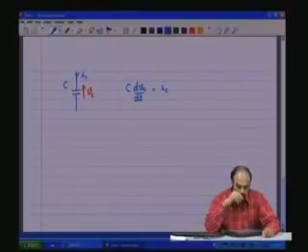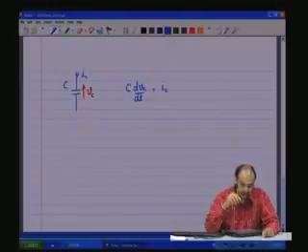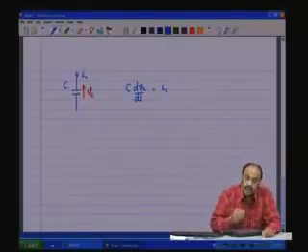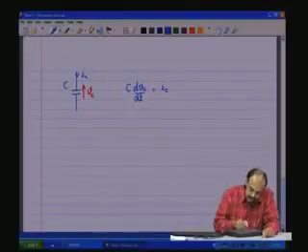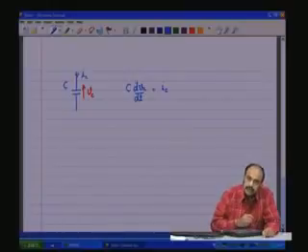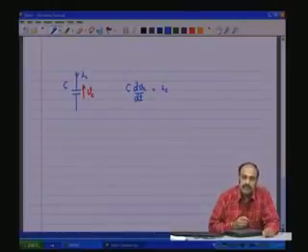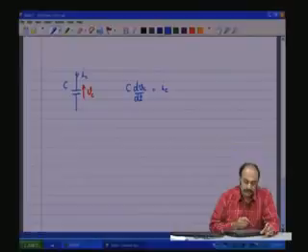Now, suppose all the quantities were sinusoidal. So, if the quantities are sinusoidal, then Vc will be a sinusoidal function, something like Vm sin omega t minus phi or something like that.